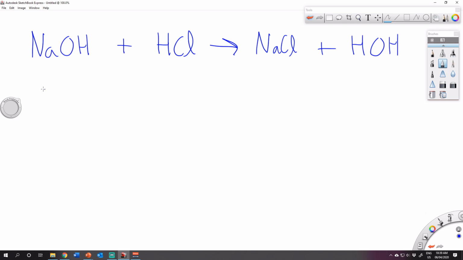So if I break this into ions, I will get the following: Na plus, OH minus. This will break down into hydrogen ions and chlorine ions. These are all aqueous because they are dissolved in water. So we'll write that down.